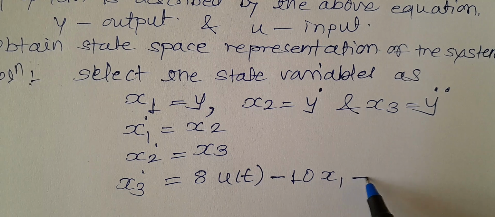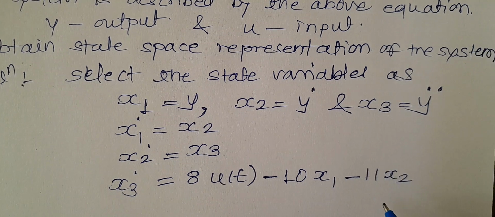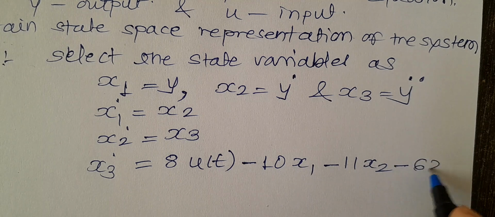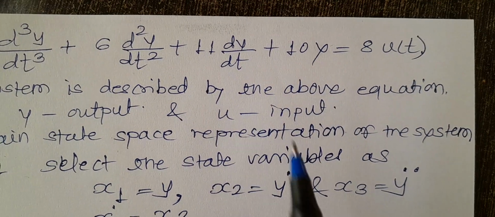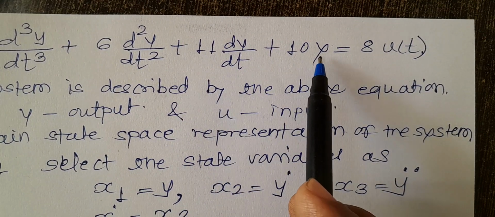This will go on this side, so it is minus 11 x2 minus 6 x3.